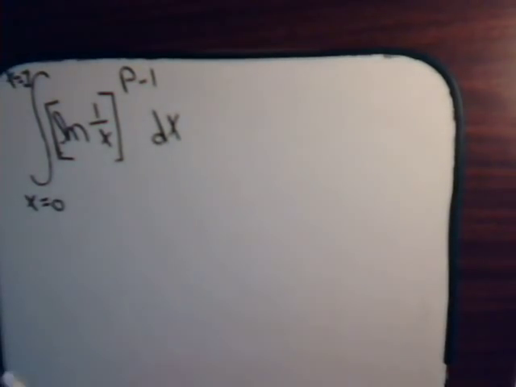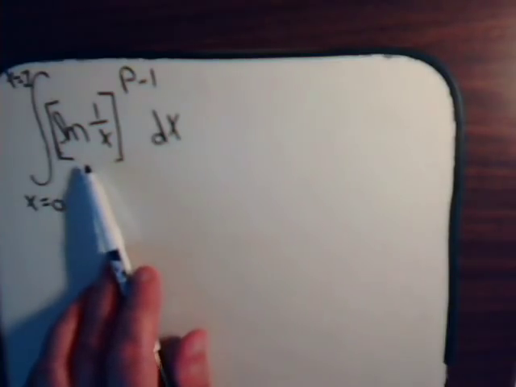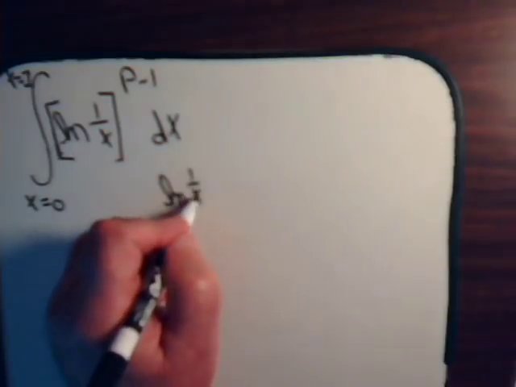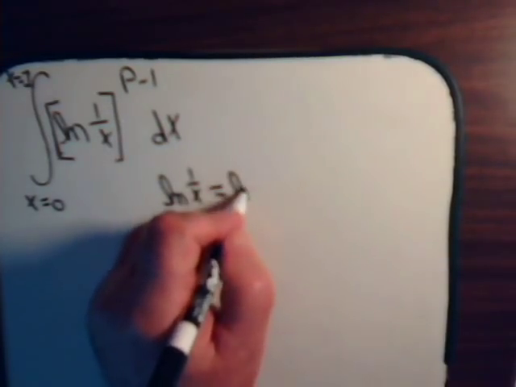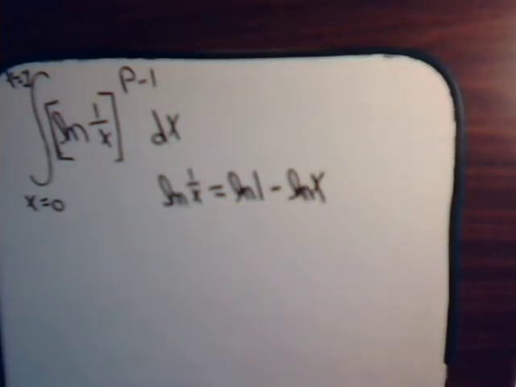So here is our integral. The natural log of 1 over x, with these limits, x goes from 0 to 1. This is, of course, natural log of 1 over x. It's the natural log of 1 minus the natural log of x.